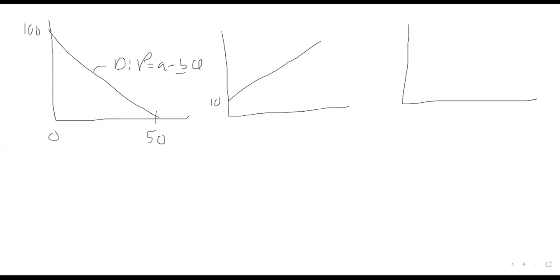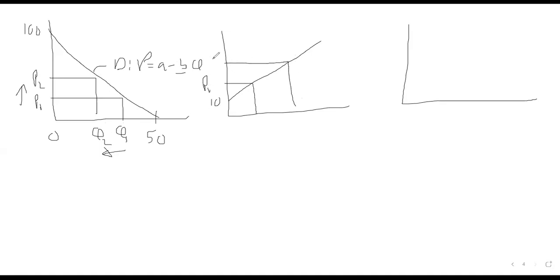So the law of demand simply states that for any normal good, if the price goes up from P1 to P2, the quantity demanded will go down from Q1 to Q2. So this is what the law of demand states. On the other hand, we have supply here.